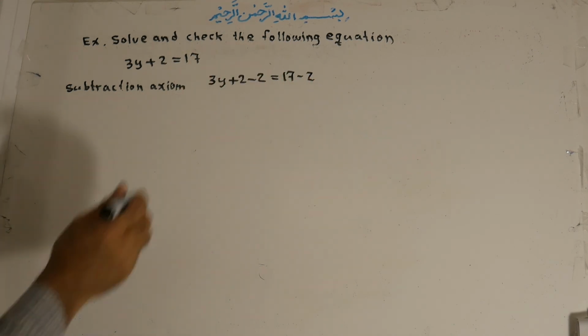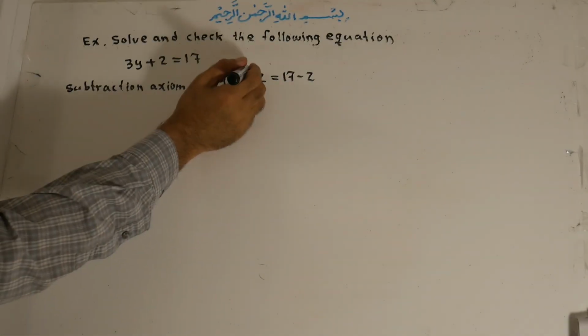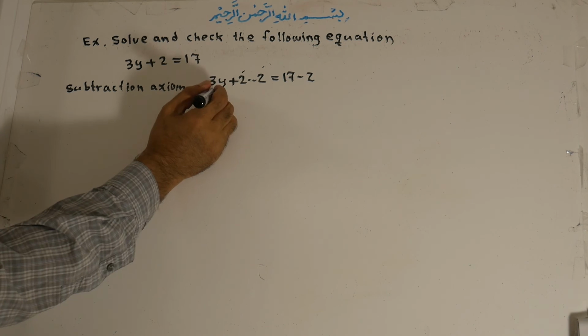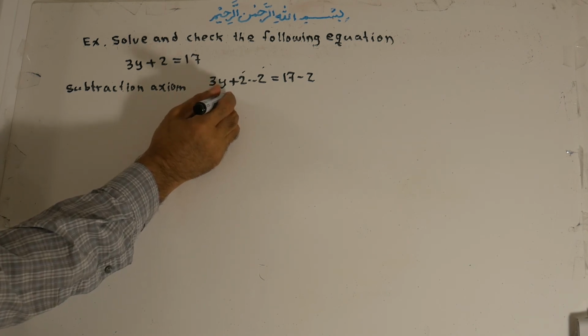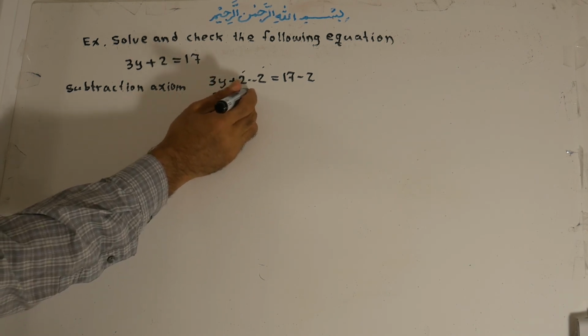From here, 3y plus 2 cancels with the minus 2, and 3y is equal to 15.